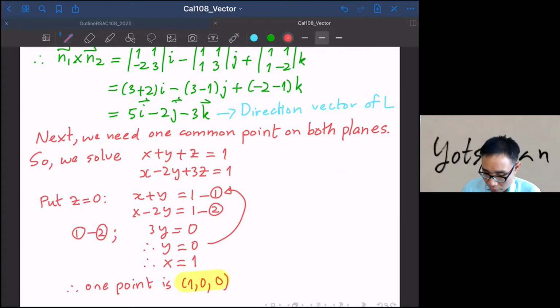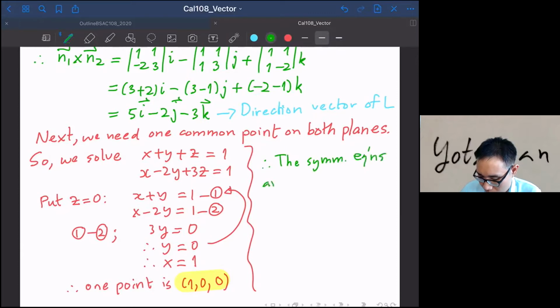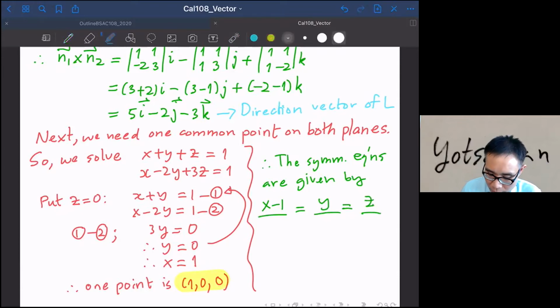Okay, so the symmetric equations are given by x minus 1 equal to y equal to z, over the vector (1, negative 2, negative 3).